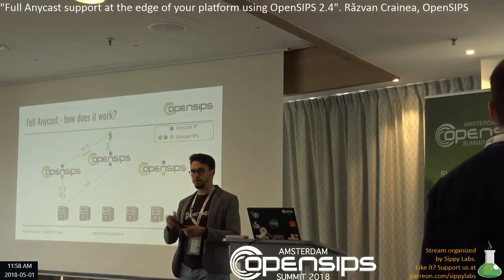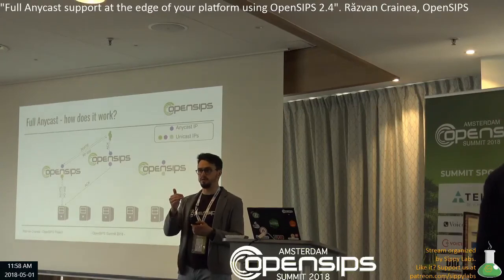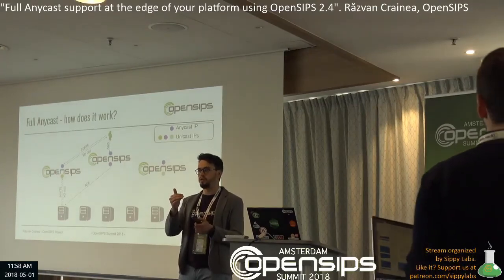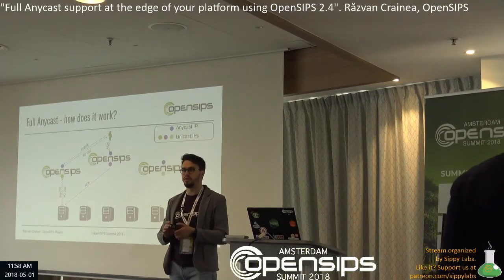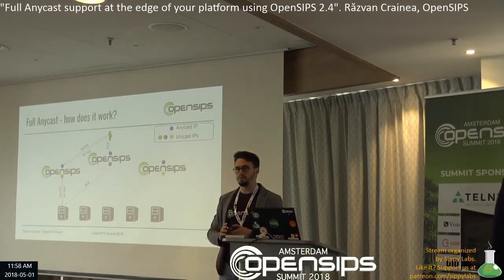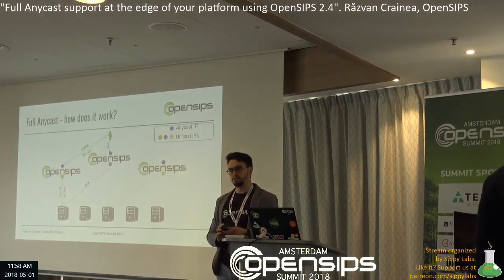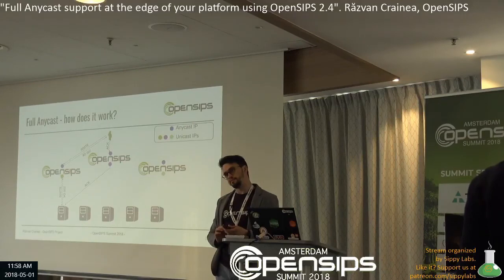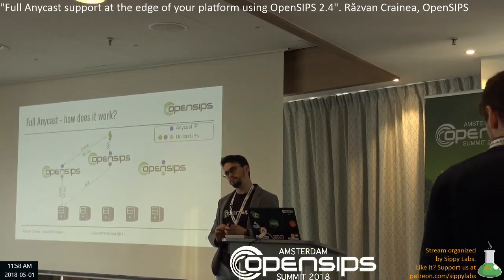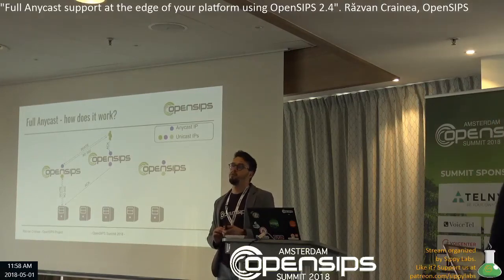So if you mark the flag that this guy has the RTP proxy or RTP engine engaged, you will be able to know whether you have to engage or not. But it may be that one of the OpenSIPS machines doesn't have access to the same RTP proxy as the original.